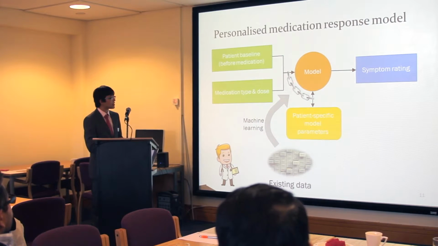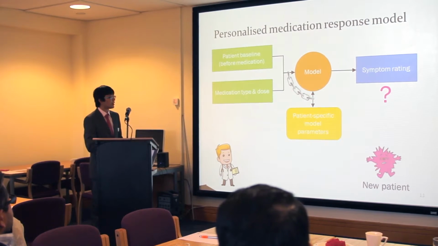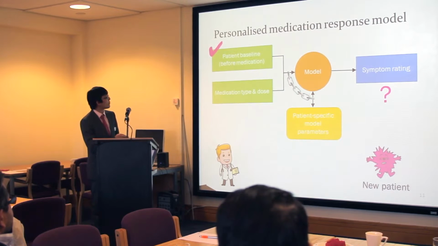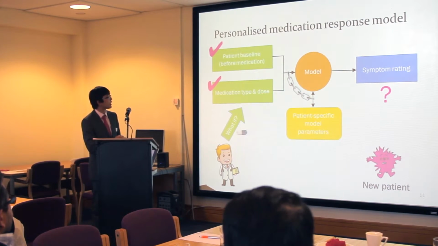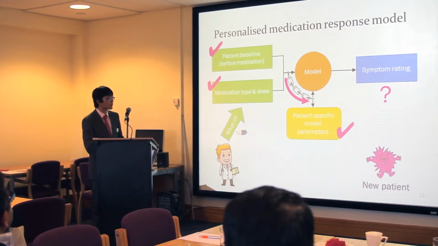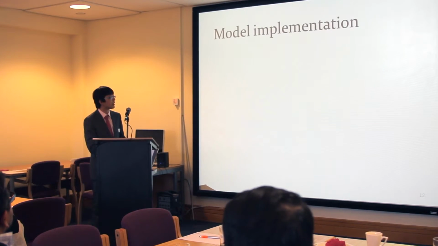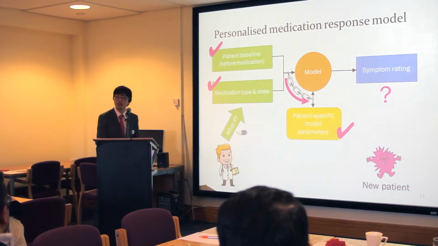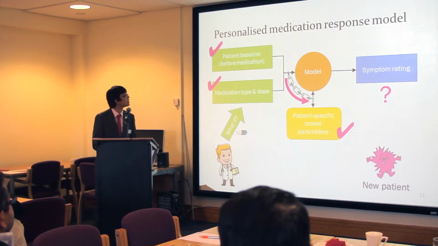So once we have this link, when a new patient comes in, we can measure this new patient's baseline, and the doctor can ask hypothetical questions, like if I give drug type A at what dose. Then, using this link, I can infer or predict this new patient's parameters, and once the model has all this information, we can generate a new prediction for this patient.